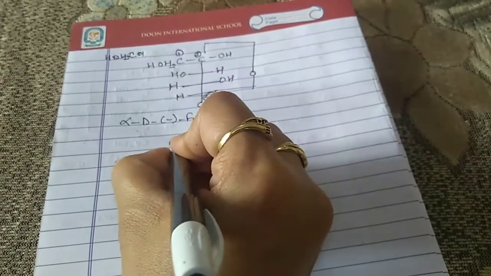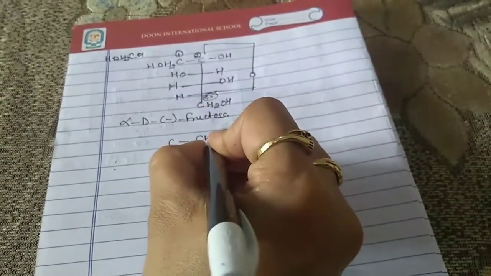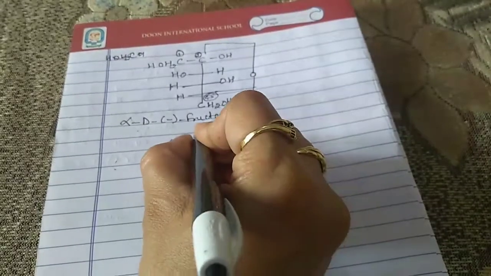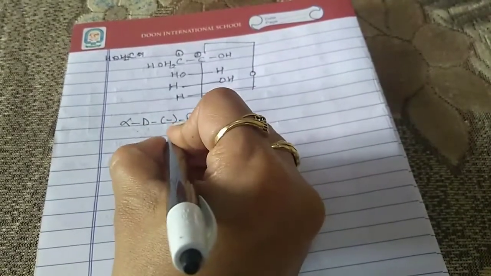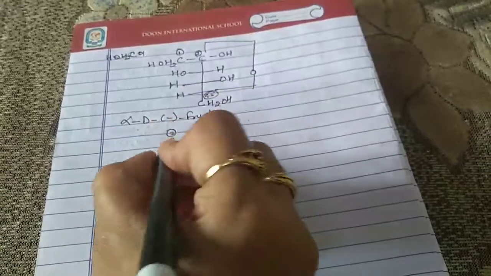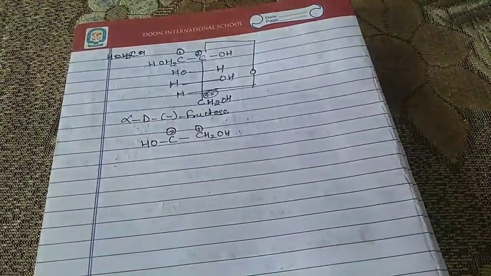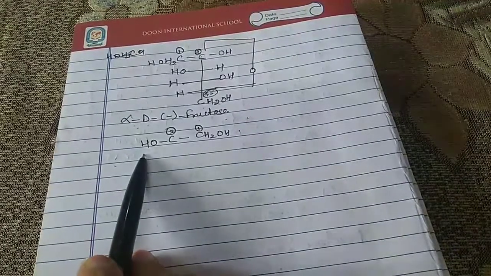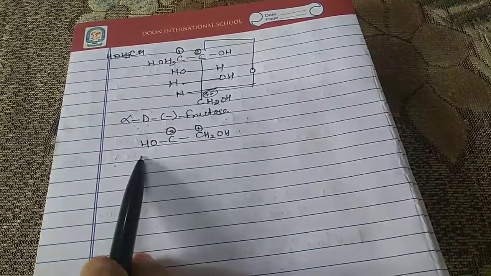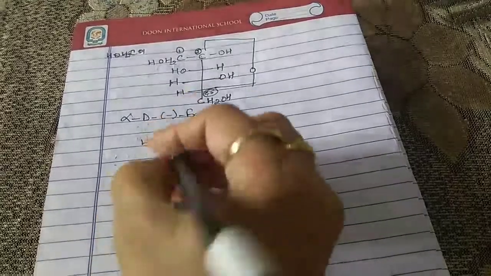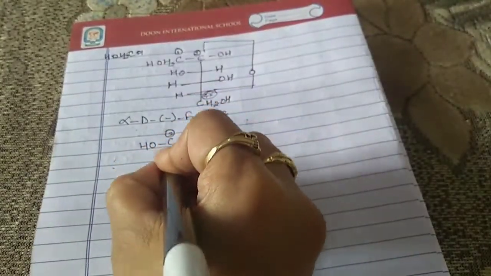This one is C, CH2OH. Here this is the carbon 1, this is the carbon 2. Now in this case the OH is at the left hand side, so it is termed as beta, and the rest are the same.